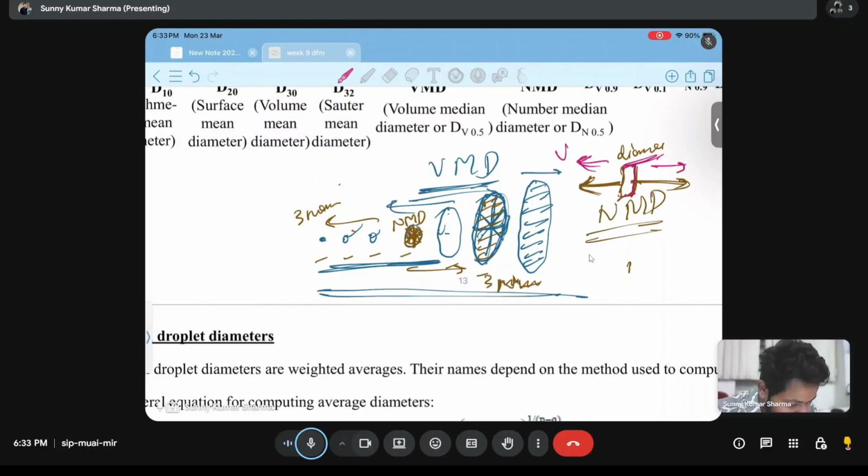So if we add this volume, this volume, this volume, this volume, this volume, and that becomes equal to this volume, then this diameter is our VMD. Getting it? This is dividing the spread of droplets into equal volume.